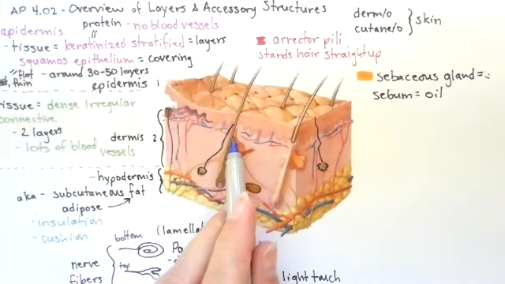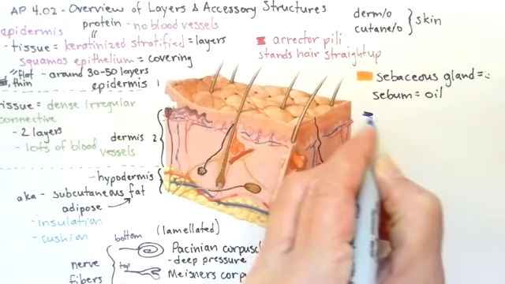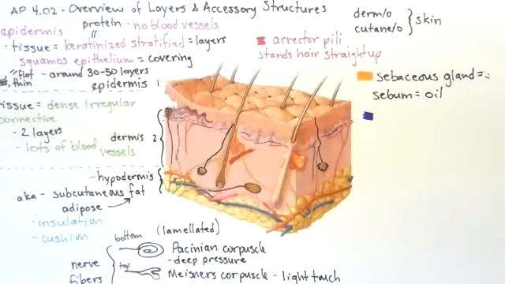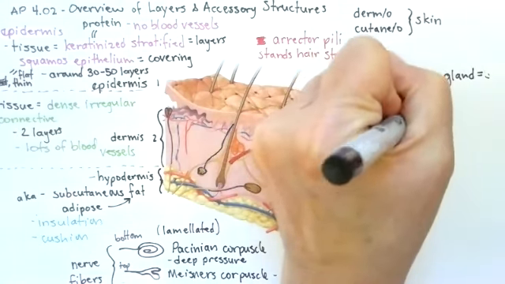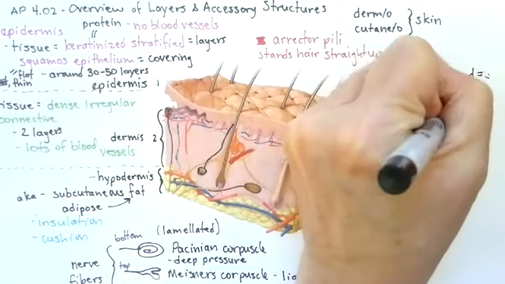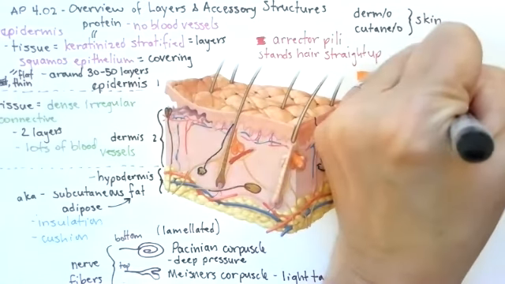Now this duct empties into the hair shaft, to the follicle, and this empties onto the top of the skin. But these are sweat glands. Because they exit at different places, they actually have different names. But let's add sweat glands and ducts.